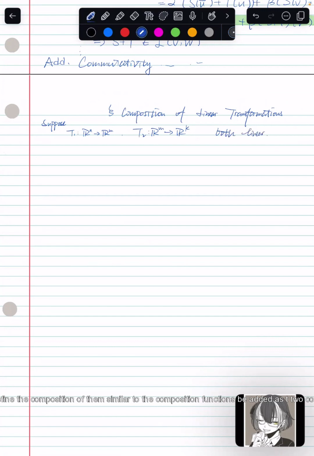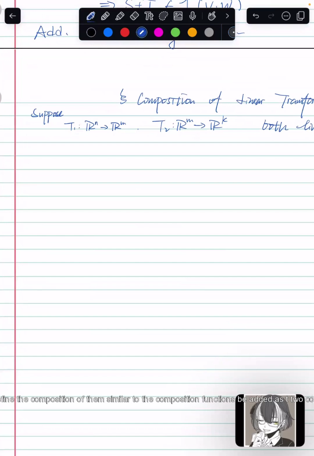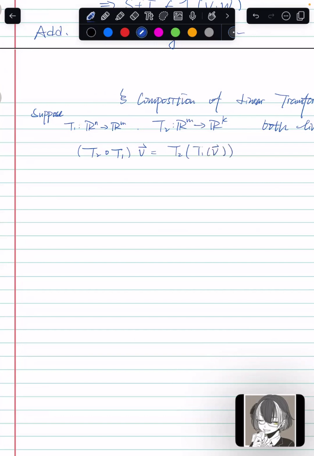All right, then we define the composition of them similar to the composition of functions. We write it as T2 composite with T1 of V. So that means we are doing T1 first and T2 second of V. So we transform V by T1 first and then by T2.